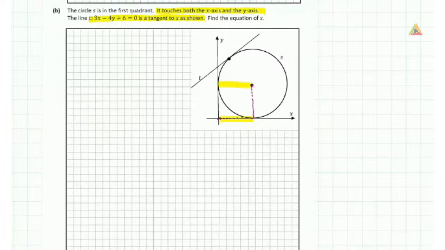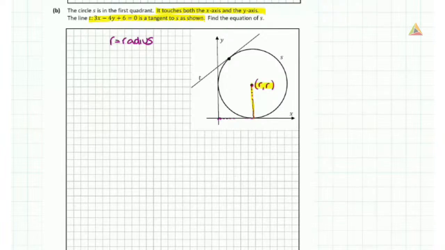And also the amount that I've gone up here is also equal to the radius of the circle. So let's give the centre the coordinates r and r, where r, let's make this clear to the examiner, r is my radius.